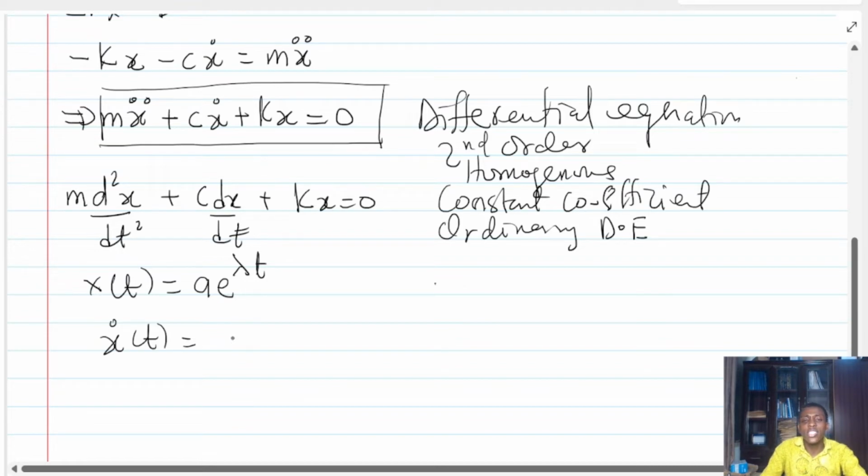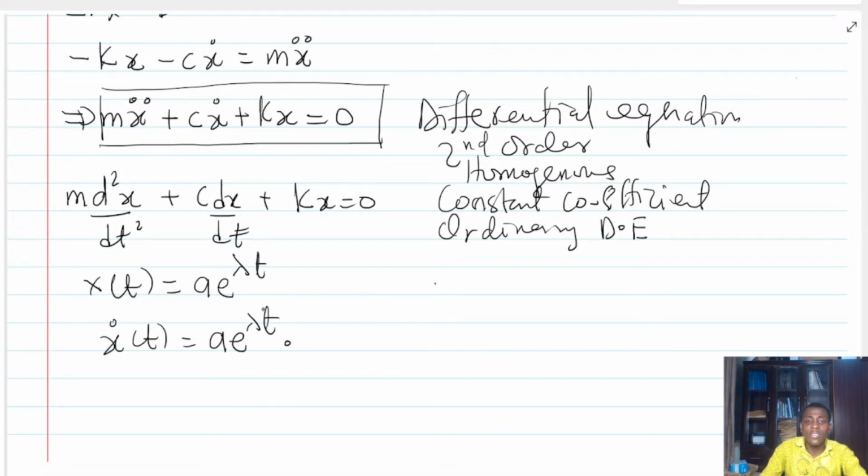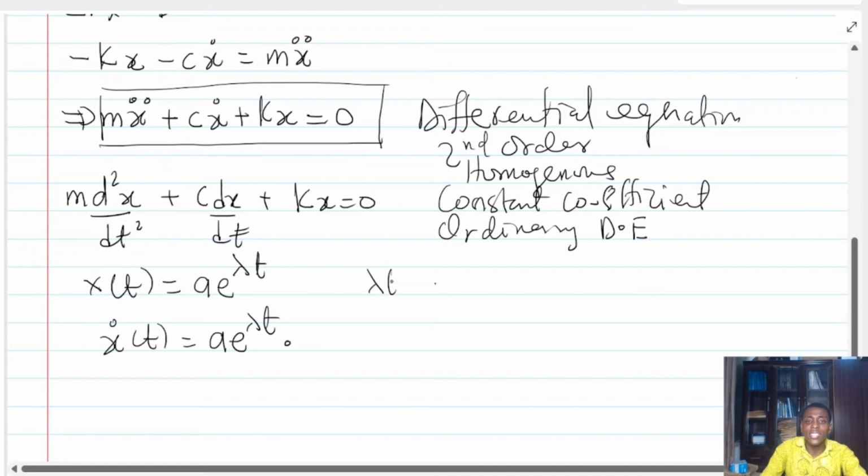Now, differentiating an exponential function is the easiest of all of the derivatives. So I have to copy and paste this, then I multiply by the derivative of the power. The derivative of the power is actually lambda t. If I differentiate lambda t with respect to time, I get lambda.